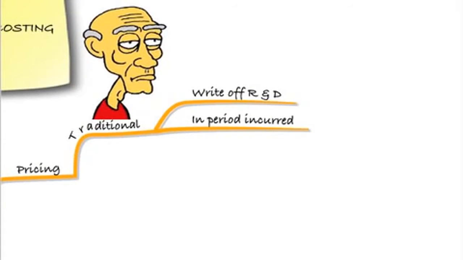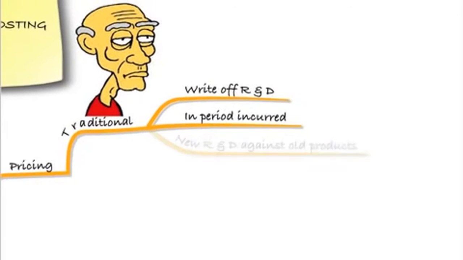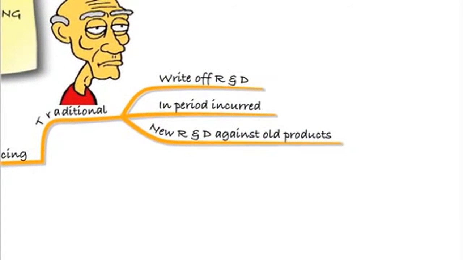So we look at where we've incurred our research and development costs and we write them off during that time. Now what that means is that we're writing off new research and development costs, i.e. research and development costs on new products, against the revenue that's being generated by the old products that are also through their introduction and into their growth phase.